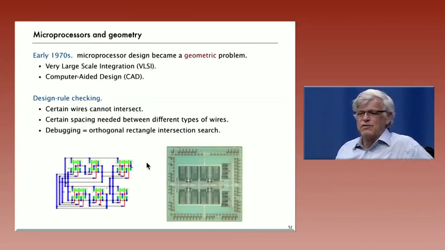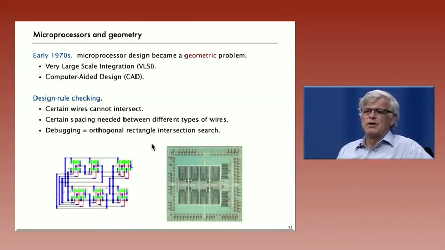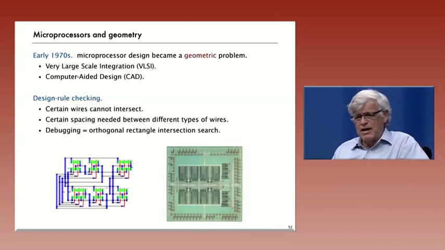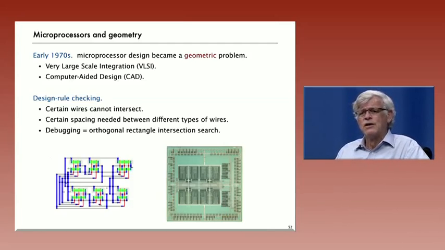Now, it was very expensive. You didn't want to have any bugs when you're making a chip. And there were various rules about what you can do on these drawings. And basically, these rules had to do with doing this orthogonal rectangle intersection search. You can't have lines that come too close to other lines. Certain types of lines can't intersect. You need spacing between certain types of wires.